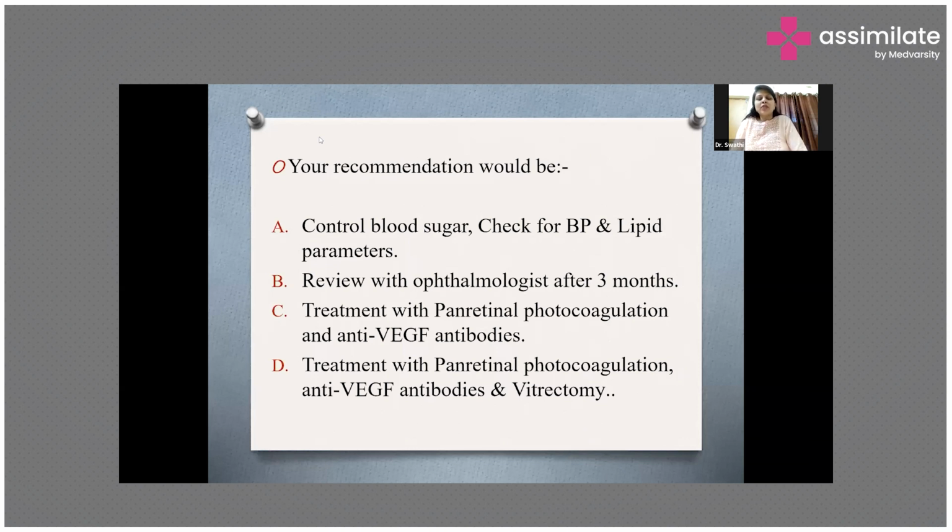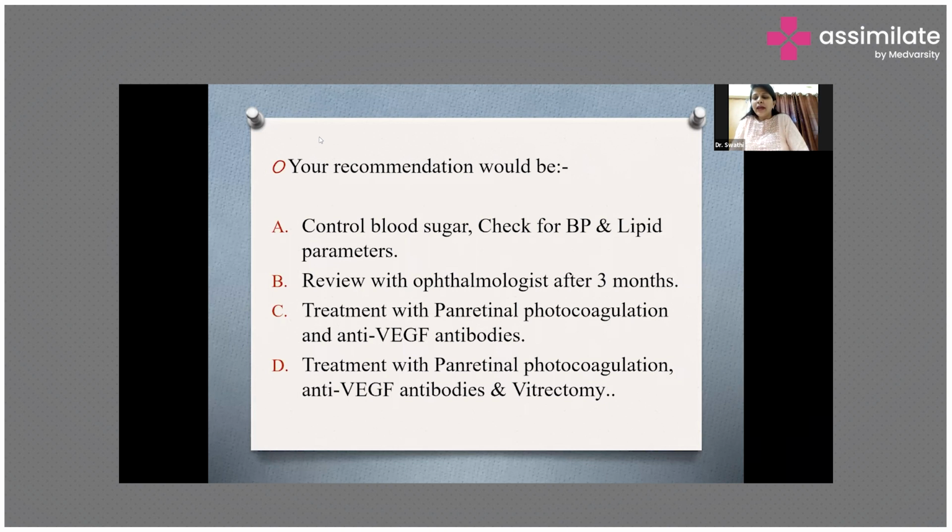So if the patient has severe or very severe NPDR, we will put the patient on early treatment with pan-retinal photocoagulation, because we don't have to wait for the progression of NPDR to PDR. What if, in this case scenario 3, the patient directly comes to you with the report of proliferative diabetic retinopathy?